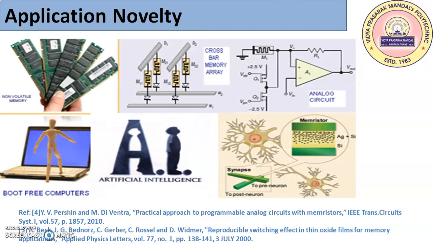It is applicable in almost all engineering fields, including computational and logic circuits, boot-free computers, artificial intelligence, and prominently in neuromorphic applications, as the dynamics of memristor closely resemble those of synapses in brain tissues.